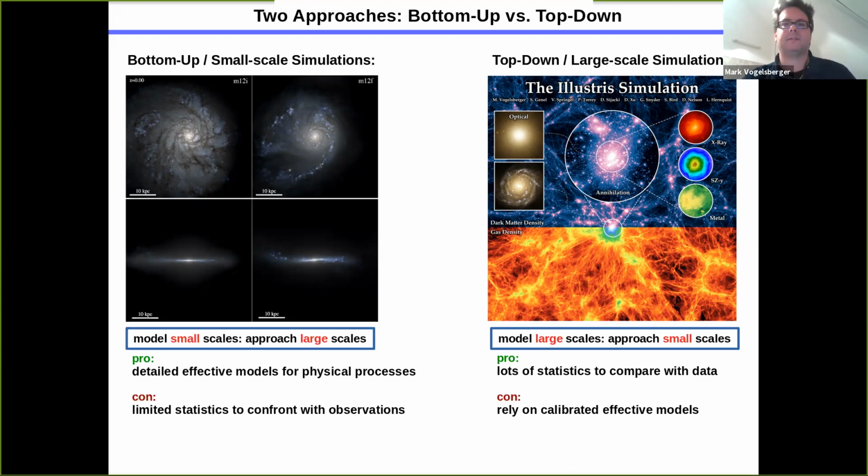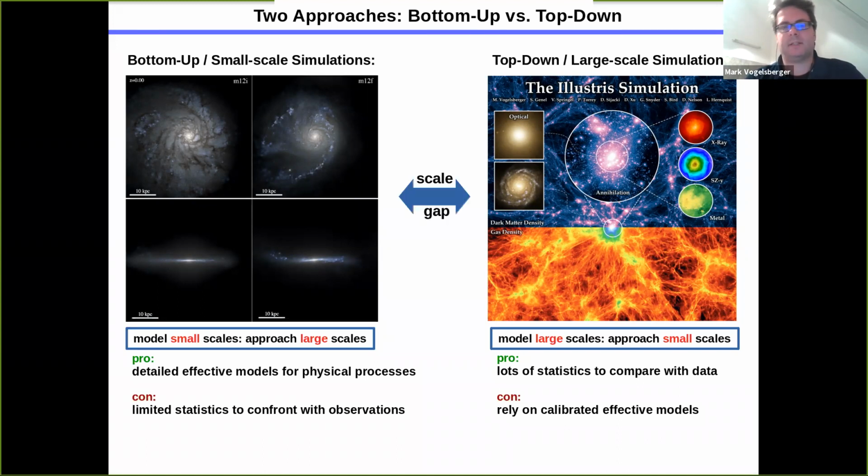On the other hand, there's the top-down large-scale simulation approach, where you have a large volume that you uniformly sample, typically in terms of your mass resolution. That gives you lots of statistics, but the downside is that the models you use for the baryonic physics, for example stellar feedback, AGN feedback, star formation, the physics of the ISM, and many other things, are essentially less detailed than what you can do in the small-scale simulations, simply because you don't have the numerical resolution to model this all in detail.